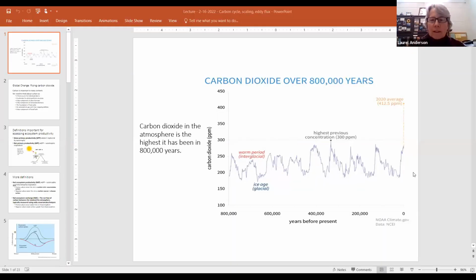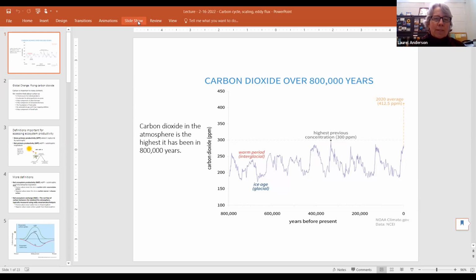Yeah, happy to answer that question. I went and opened one of my lecture notes packages when I saw that. So I'm going to share my screen again so we can see a graph that Skip is referring to. These are ice core data from up to 800,000 years ago, looking at carbon dioxide through time.